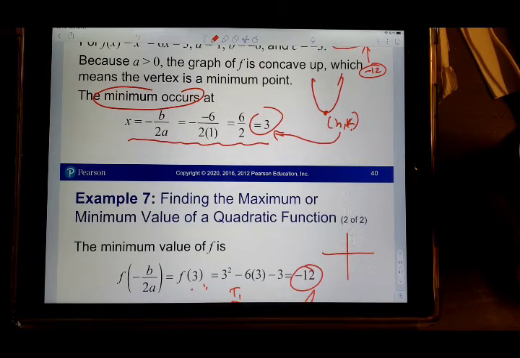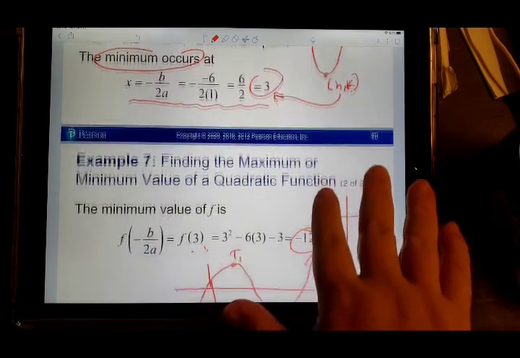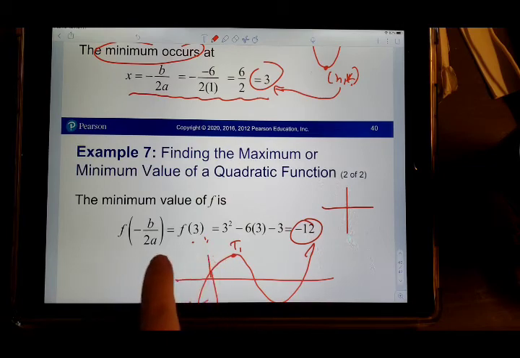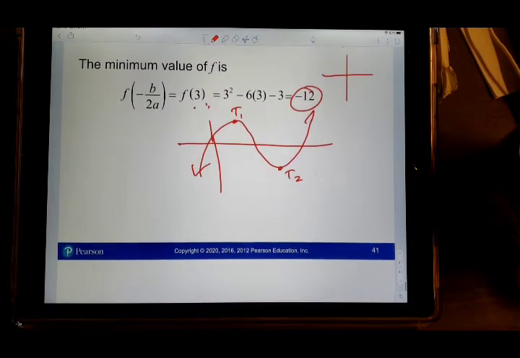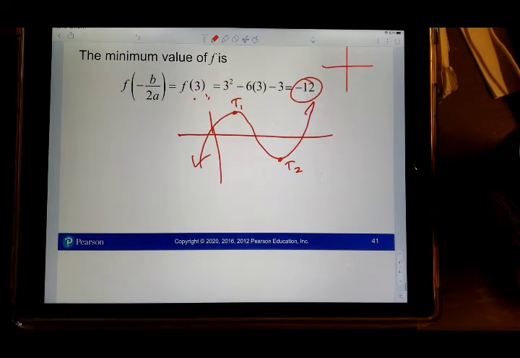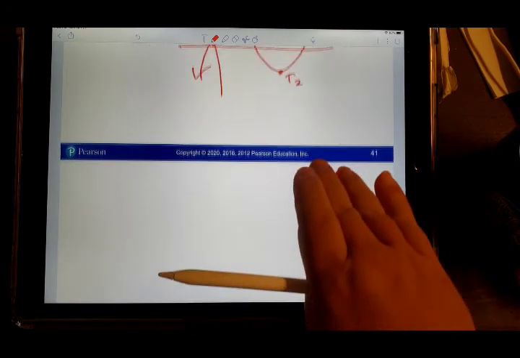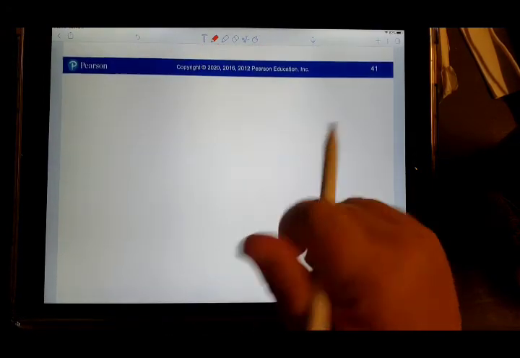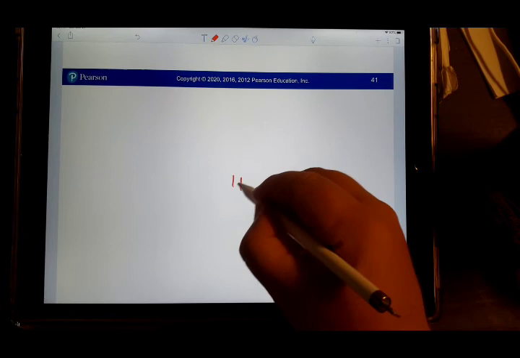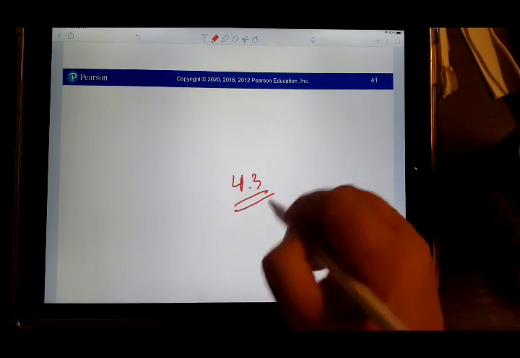So I just want to explain why it's here. You don't need to know that to get these problems right, but you just might want to be aware that minimums and turning points are a big deal in some other math classes around this level. All right, well, it took a long time, but we finished 4.3 quadratics.